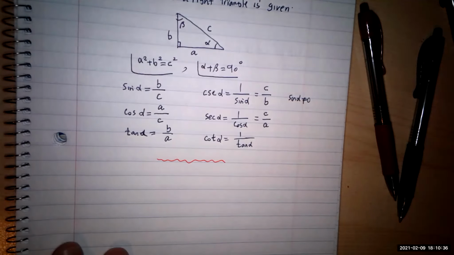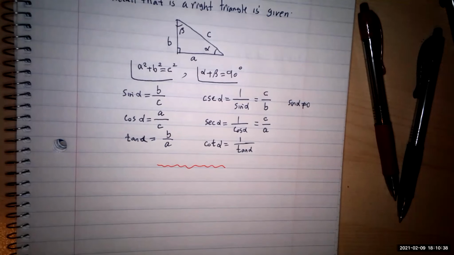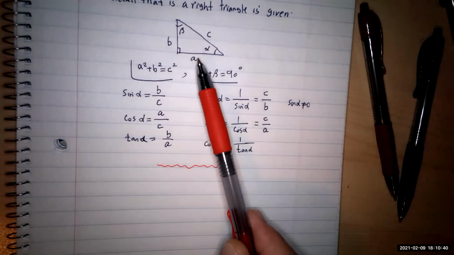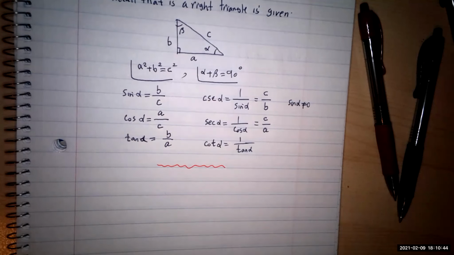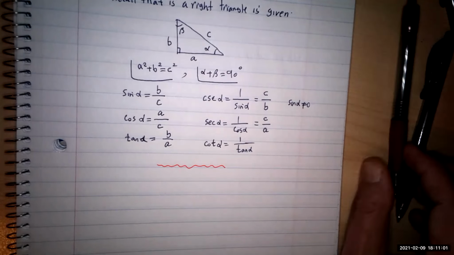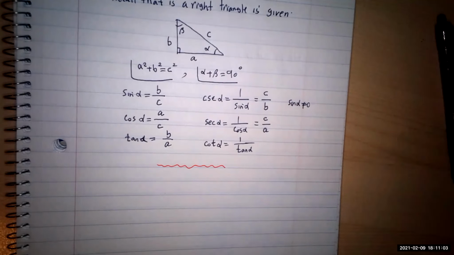If a right triangle is given to you and you are able to give us A, B, C, and alpha and beta, then you are going to tell us that you solved the triangle. Solving a triangle is going to be one important problem in this course. At the end of the course, we can solve any triangle, but for the time being, we can only solve a right triangle. One of the questions on your quiz is going to be this one.